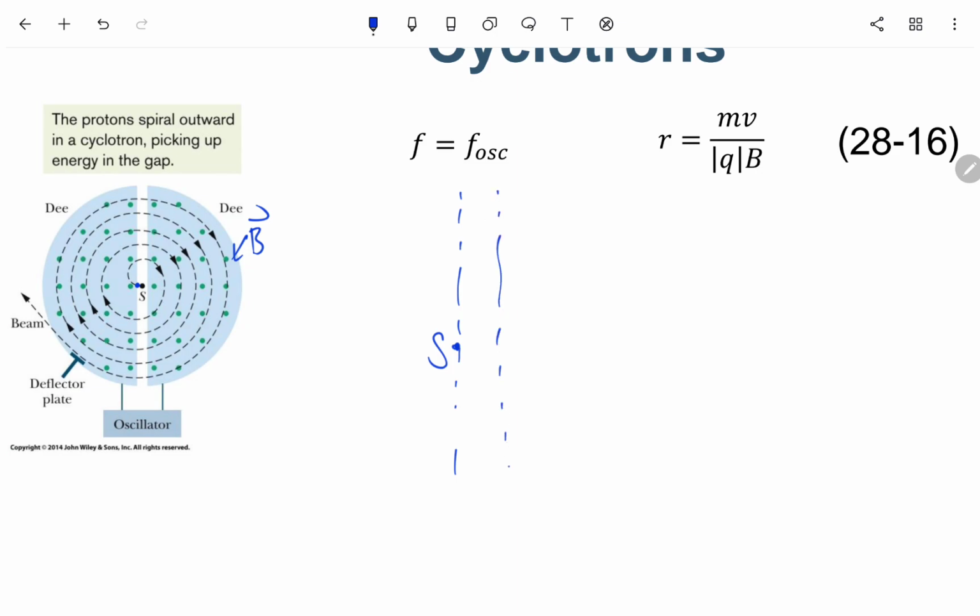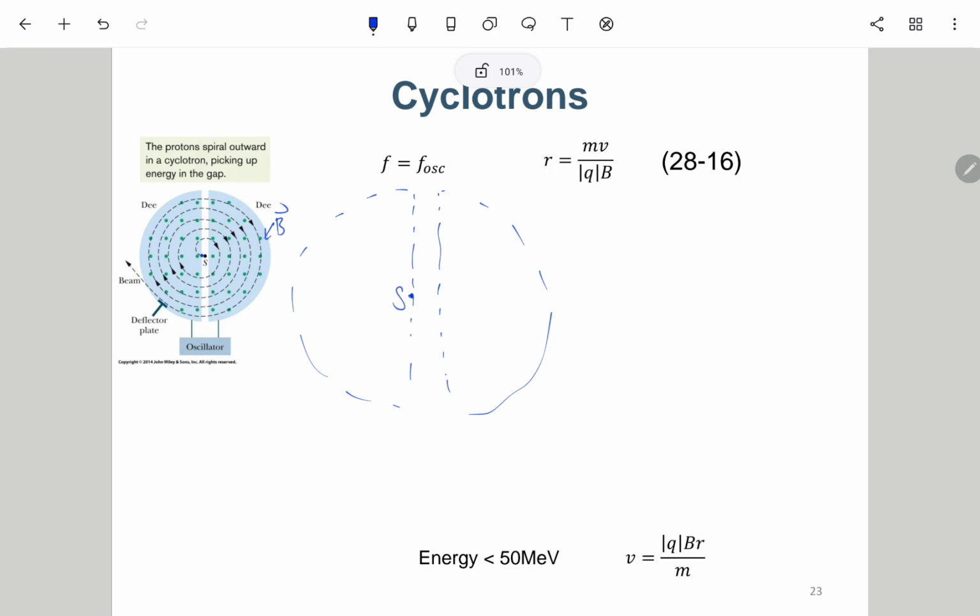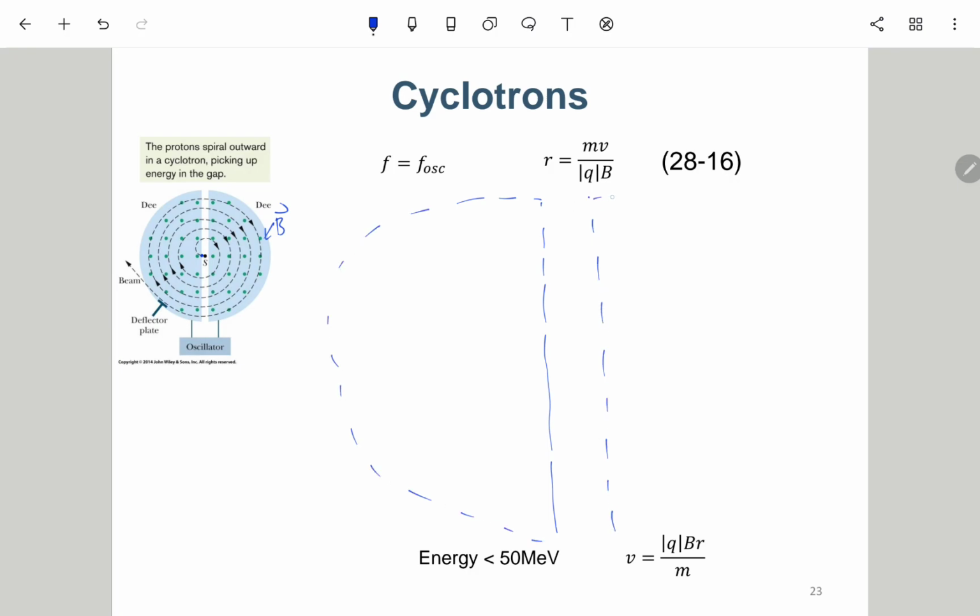So you can consider this as two D shapes, something like this. Maybe I draw it slightly larger. Okay, you can see the D shapes, and S is here.